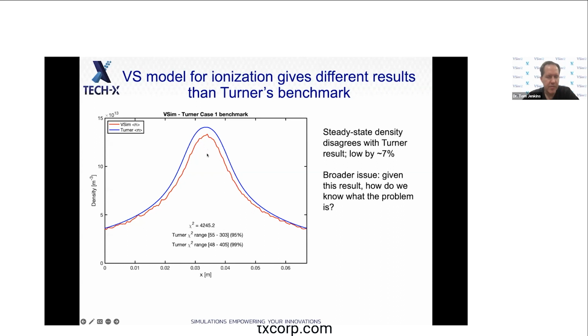So there could be any number of things causing this disparity, and getting the benchmark right requires you to basically dig into every single process: elastic electron neutral, elastic ion neutral, charge exchange, excitation, and everything associated with your collisions, everything associated with your field solves, and so on and so forth, and figure out whether you're doing that thing in a way that's consistent with the benchmark.